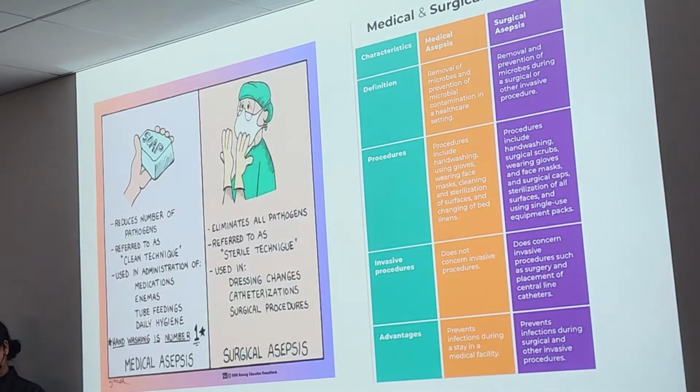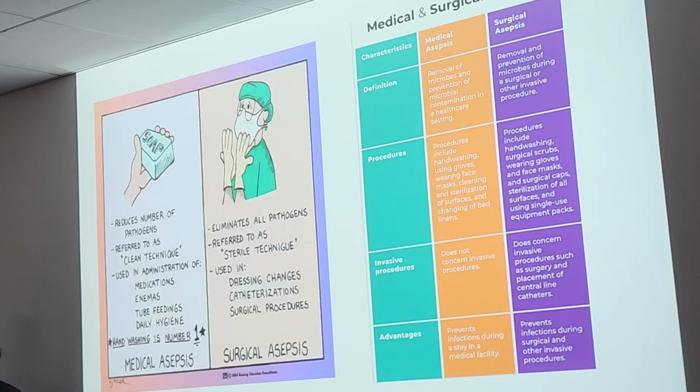Alright, so this is a little fancy chart for you to easily remember the differences. Medical asepsis can also be referred to as clean technique. Just washing your hands with soap and water or wearing gloves. You will see nurses or other people whenever they administer medications to patients or anything that has to do with feeding them or just daily hygiene.